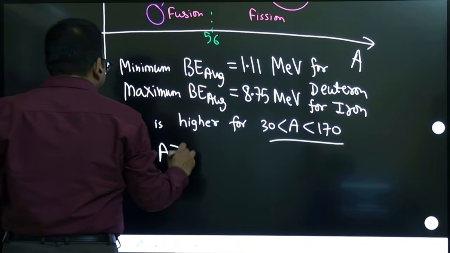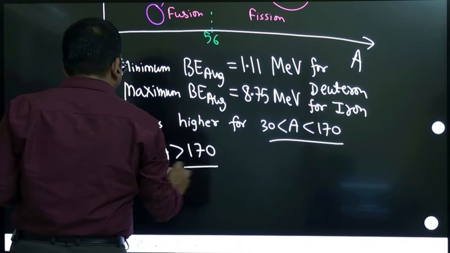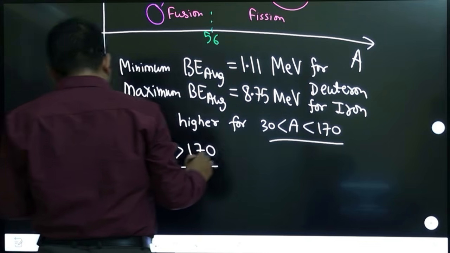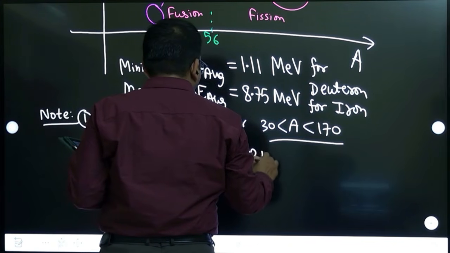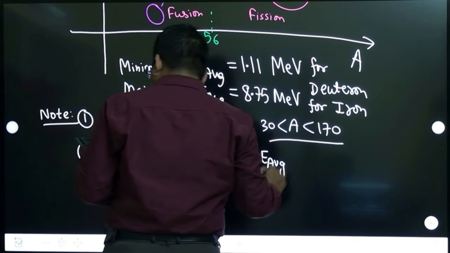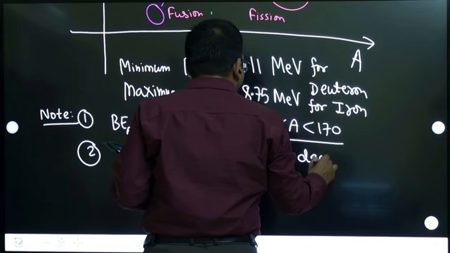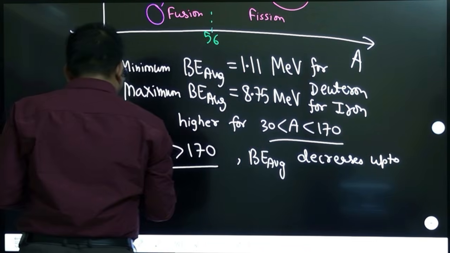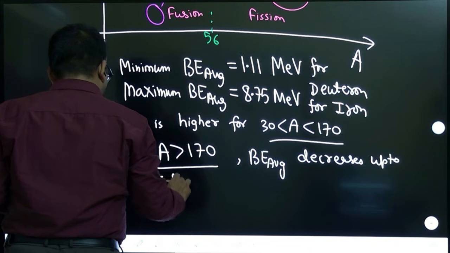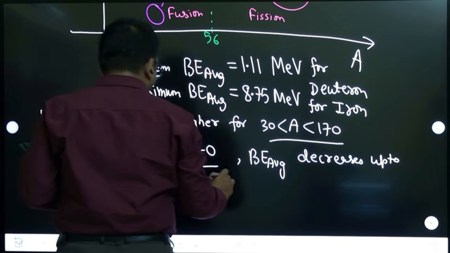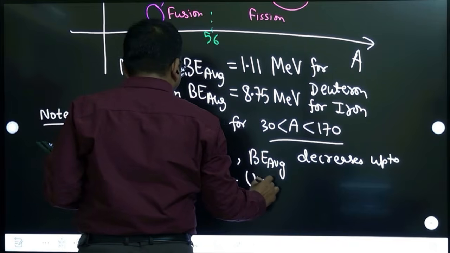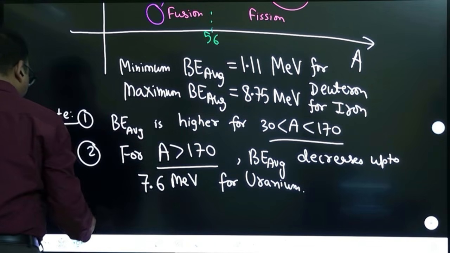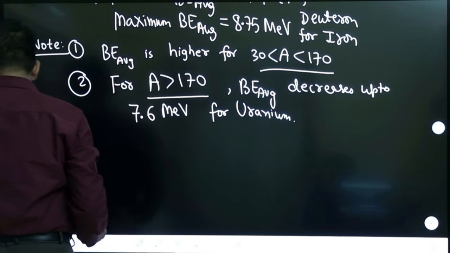And if you go to mass number greater than 170, there is a pattern to be observed: beyond this, binding energy per nucleon, or average binding energy, decreases up to 7.6 million electron volt for uranium.